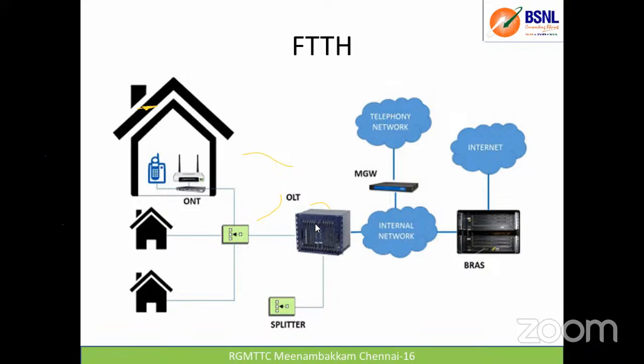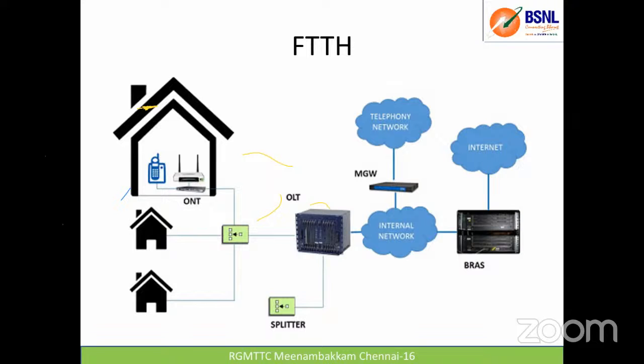Along with the data connection, BSNL also provides telephone voice call connections. The main purpose of this media gateway is that it acts as a translation device that converts digital media streams between different telecommunications networks. In the case of voice communication, BSNL uses the PSTN network and SS7 signaling.